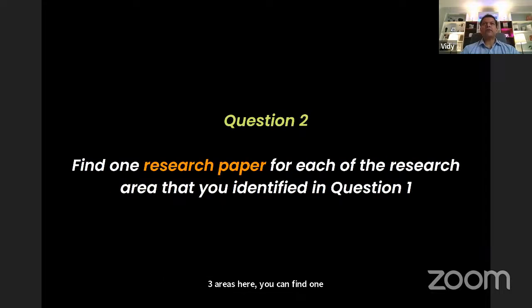Typically, if you're going to start research in this area, a systematic literature review paper would be a good paper to search, because that will give you a broad idea of the field. It will also help you to find potential future research directions if you're going to start doing your research in this area.